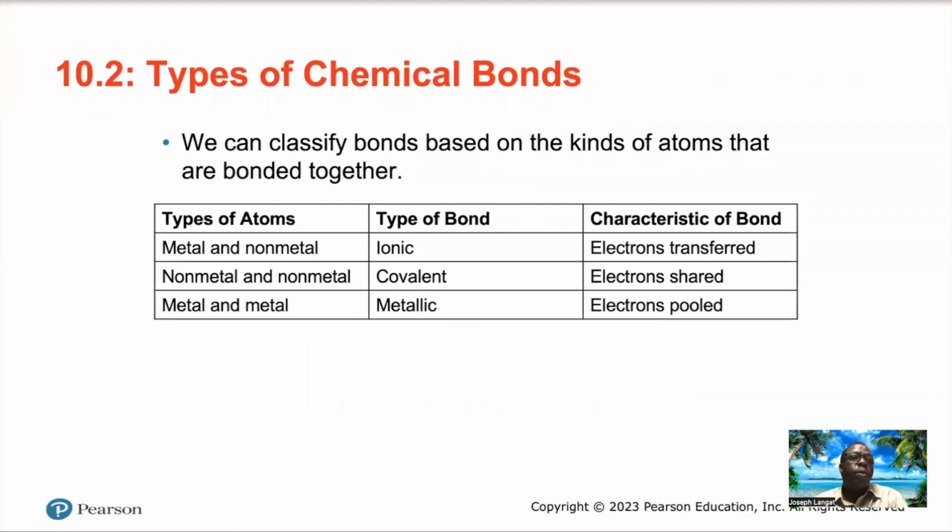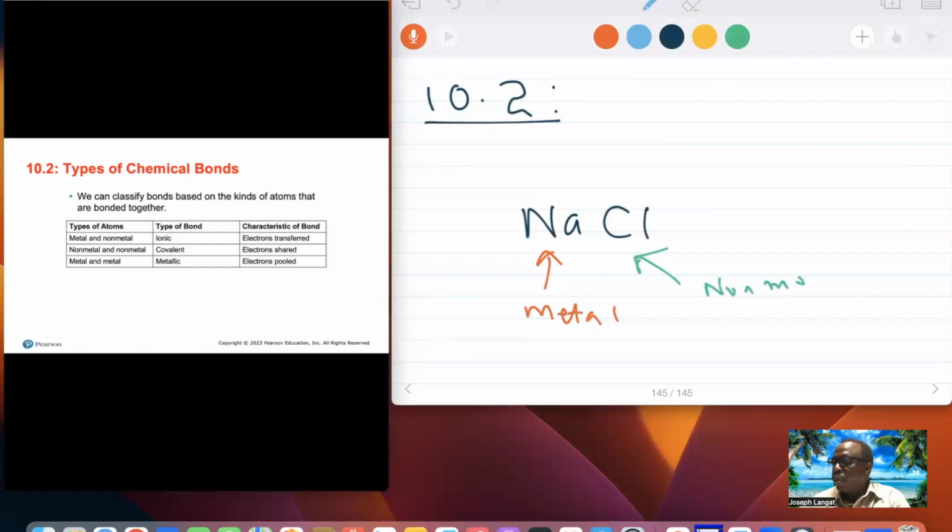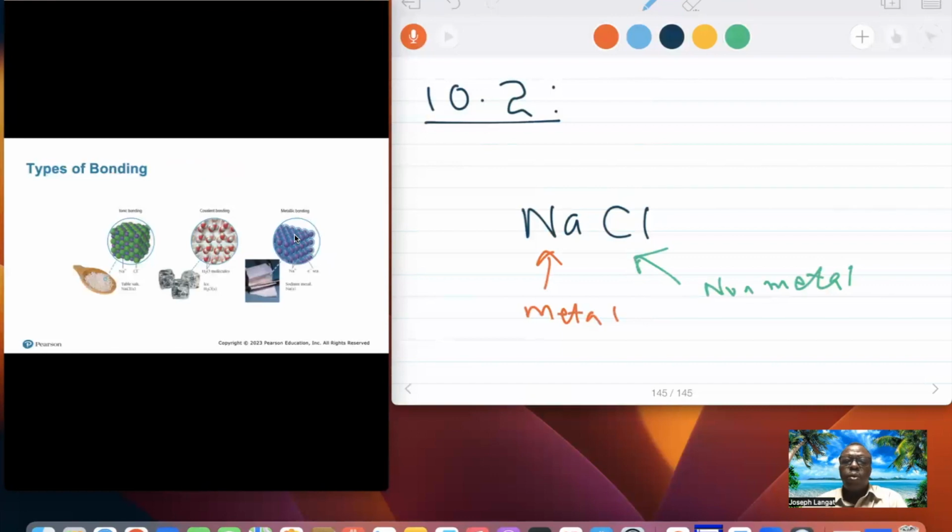So by now, when you are given a chemical compound such as NaCl, this is a metal, all right, and this is a non-metal. So the type of bond here is ionic. It involves transfer of electrons. Generally, metals tend to lose their valence electrons.